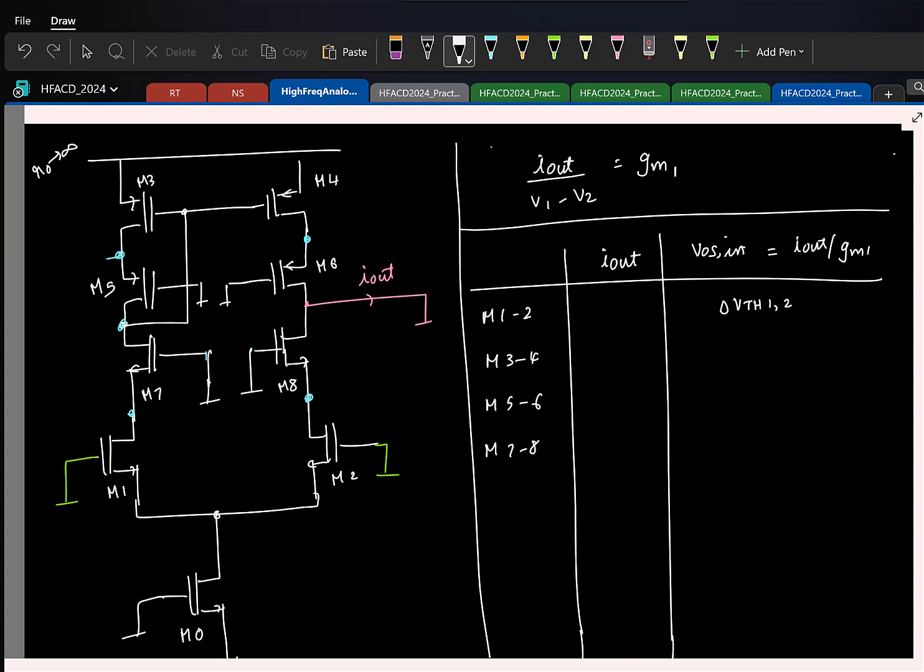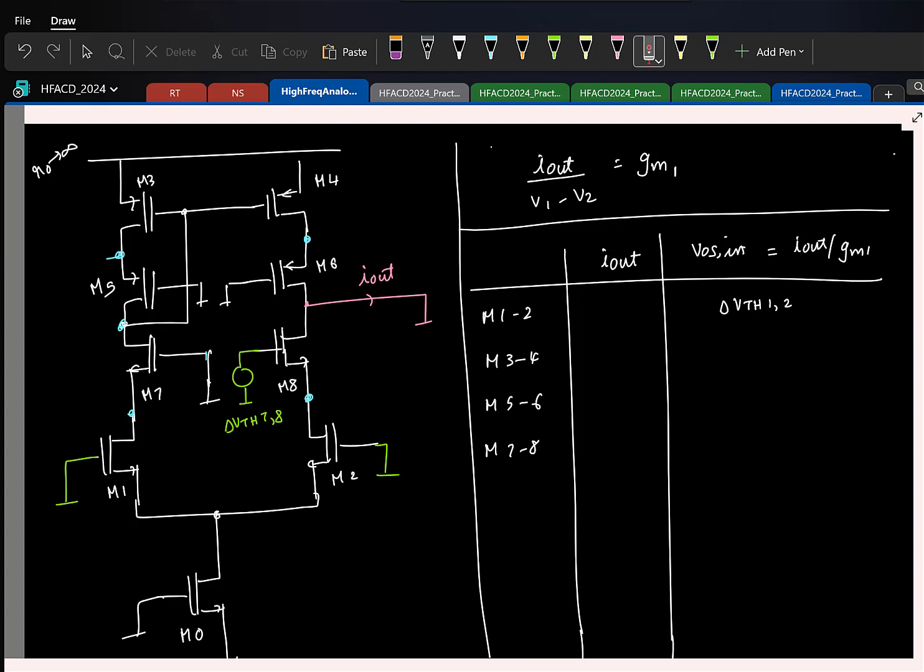Right? Let's look at the cascodes now. Let's look at M7, M8. Again, the mismatch in the thresholds in these two transistors, we model it like a voltage source added to the gate like this. Right? Now once again, what can you say about the short circuit current? 0.